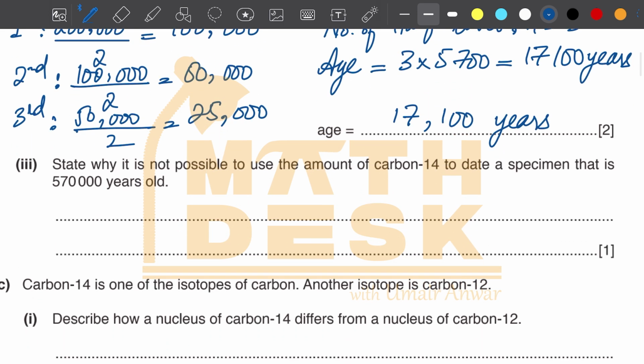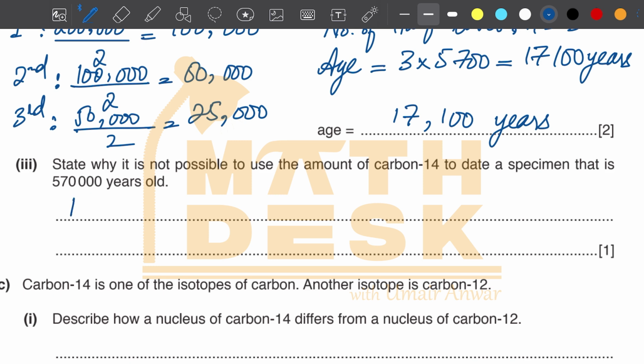State why it is not possible to use the amount of carbon-14 to date a specimen that is 570,000 years old. Since the half-life of carbon-14 is 5700 years, if we use it to check this specimen, which is 570,000 years old, it would not be suitable because it would contain 10 half-lives.